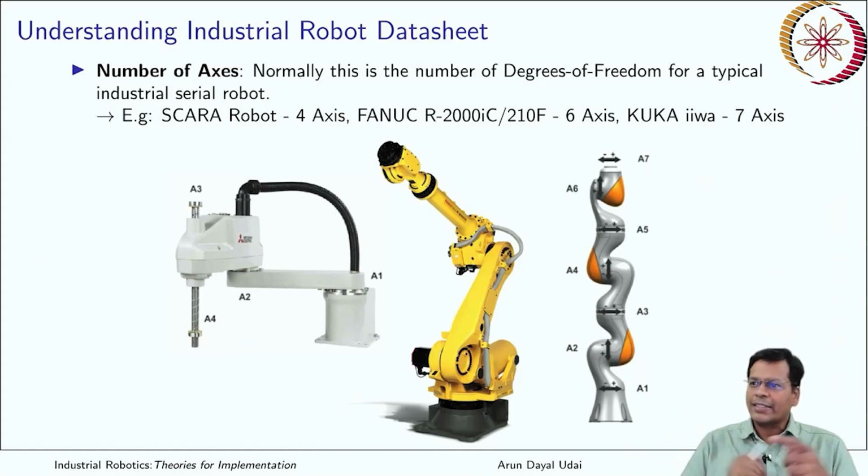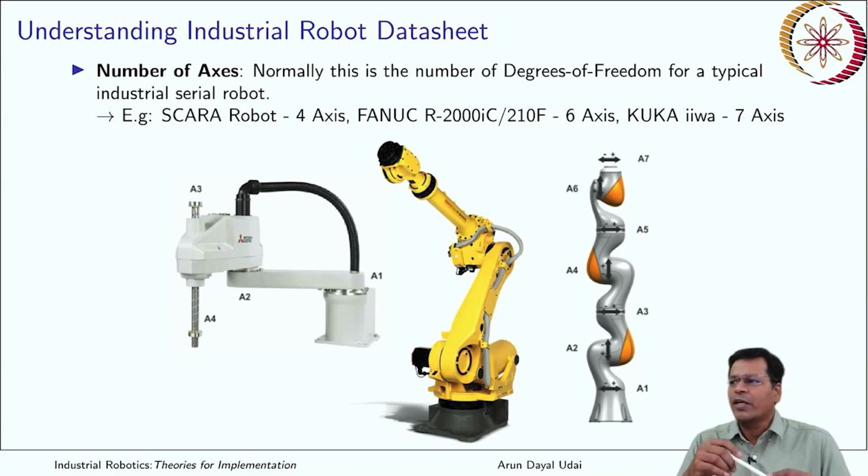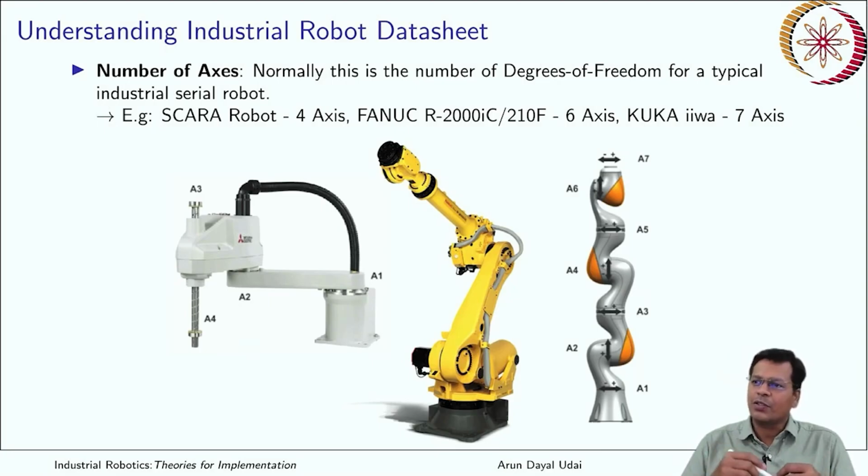Now, robot axes. What you see here is basically three different kinds of robot. Each one of them has a different number of axes. It is basically the number of degrees of freedom for a typical industrial serial robot. We'll talk about degrees of freedom in much more detail when we discuss the kinematics of the robot.